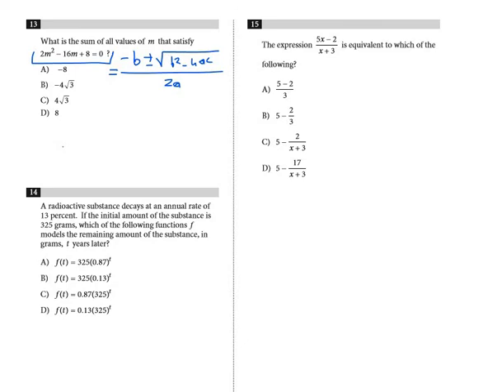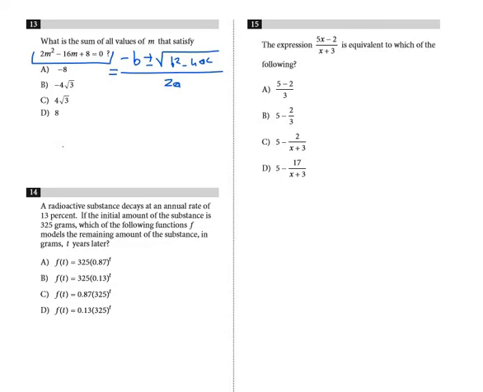Either method is okay, because this is not a quadratic that you can easily factor. So let's use the quadratic formula. Anybody who prefers completing the square can go ahead and feel free to do that.